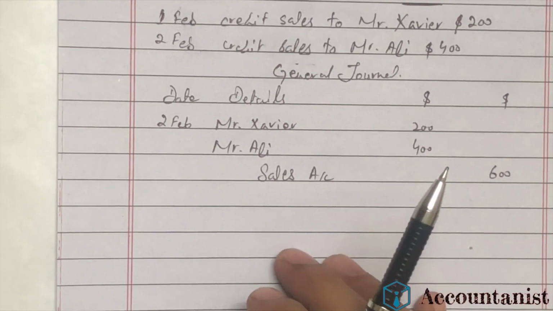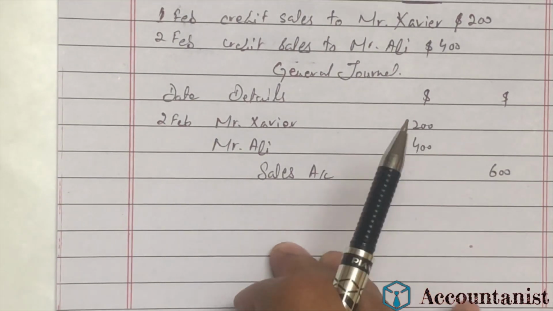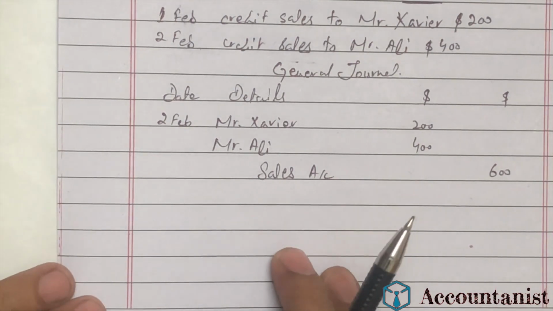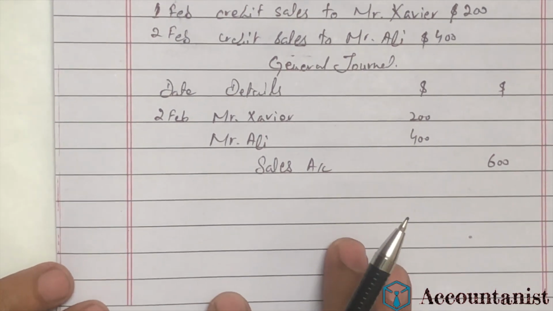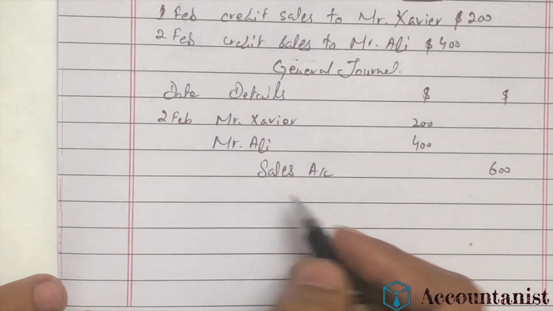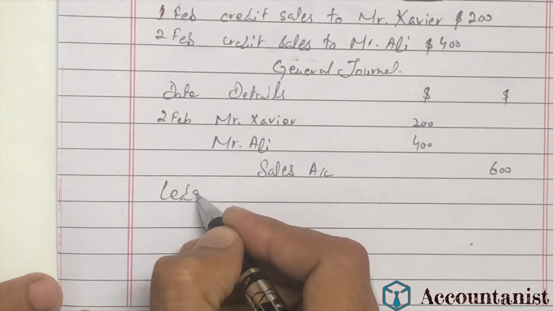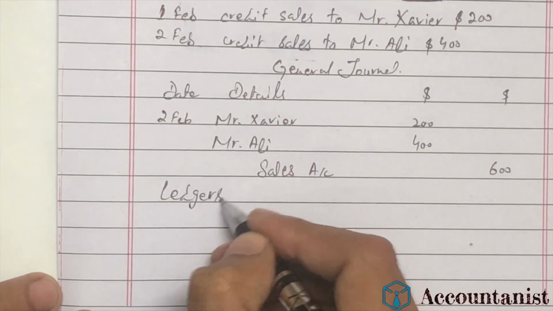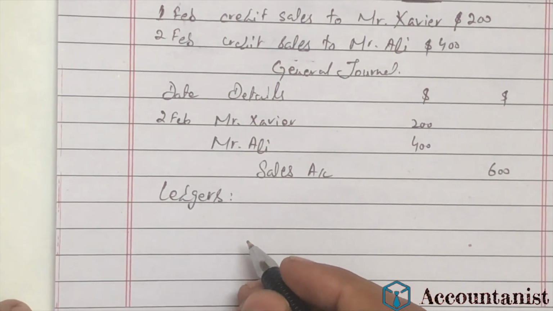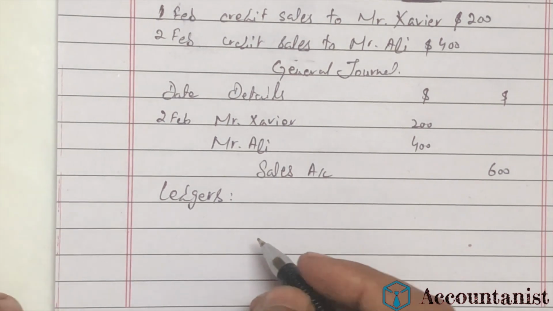Now if we are going to talk about the ledgers, how many types of ledgers do we have? I normally tell my students the ledger is similar to the books in which we make T accounts.